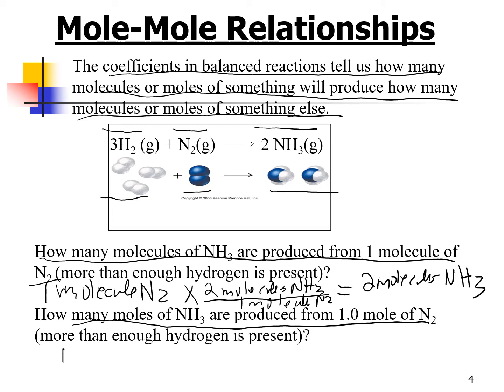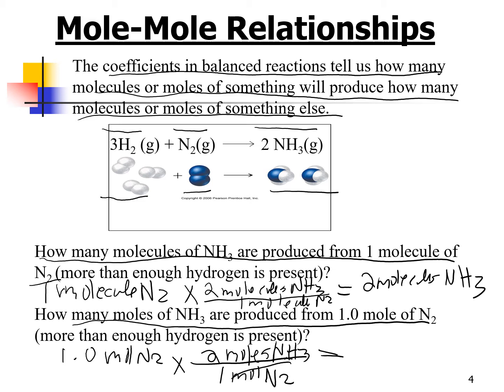We can use the same format. We have 1.0 moles N2 times 2 moles NH3 divided by 1 mole of N2. So moles of N2 cancel, and we end up with 2.0 moles NH3.